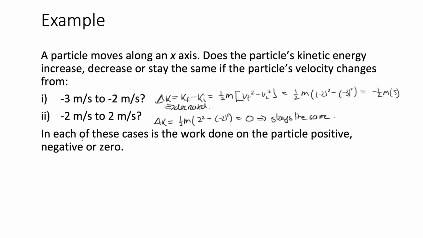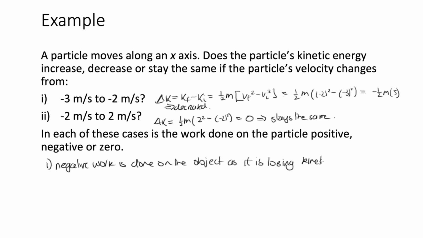So then it asks me, in each of these cases, is the work done on the particle positive, negative, or 0? So in part 1, I've got that my kinetic energy decreased, which means that negative work is done on the object as it is losing kinetic energy.